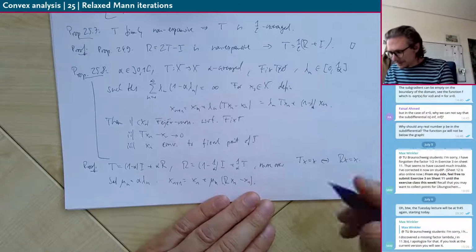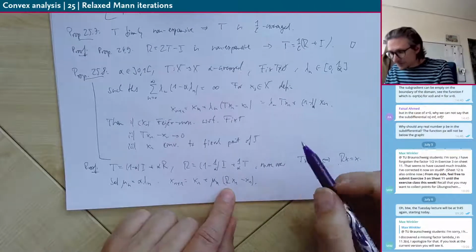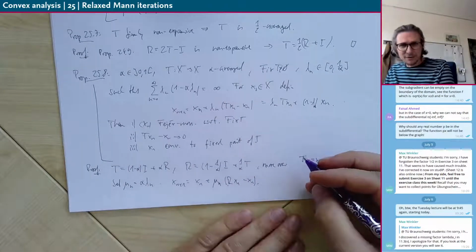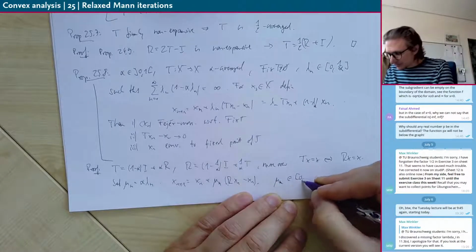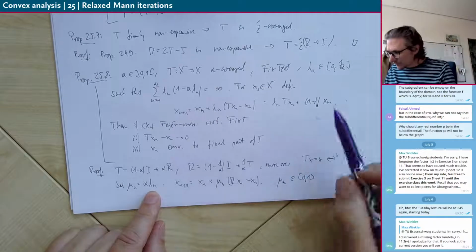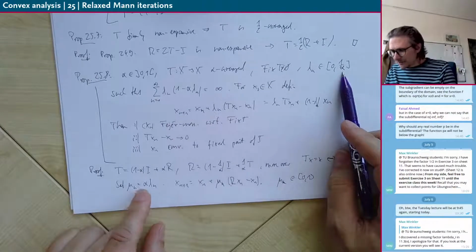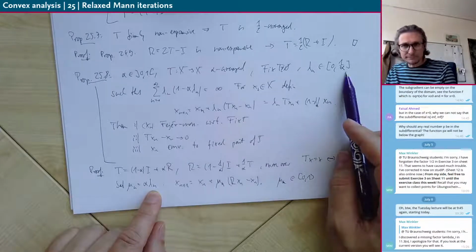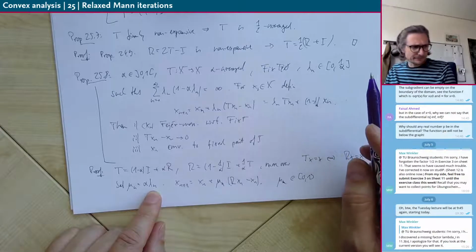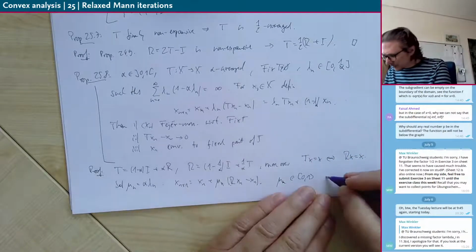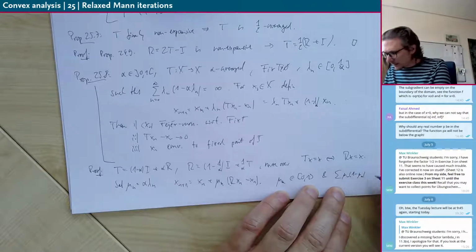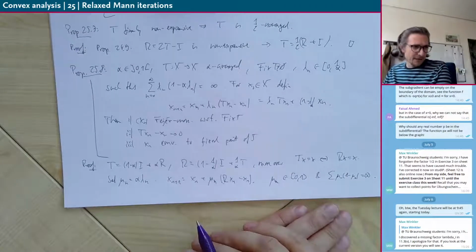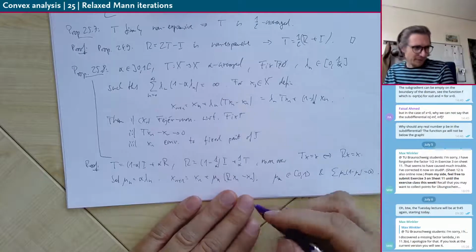So I'm sorry. So this is then true if we replace this, but then we also have that this mu_n is always in the interval 0 to 1, because alpha times lambda_n goes up to 1. And we also have that the sequence mu_n times (1 minus mu_n) diverges. And everything now follows from Theorem 25.5.